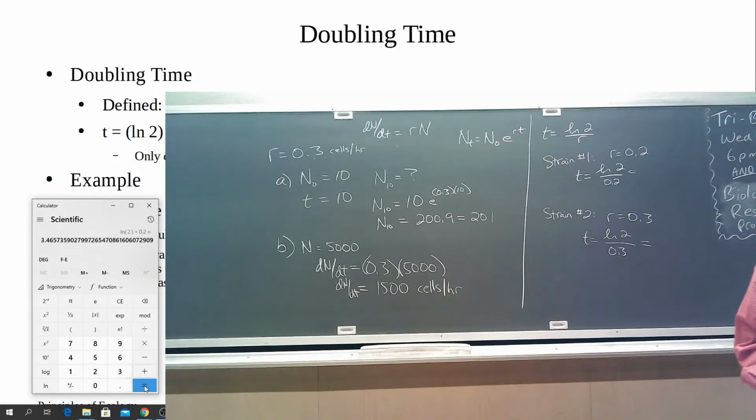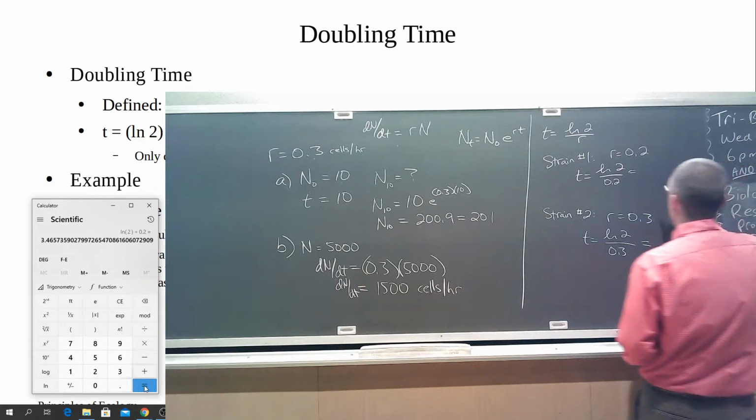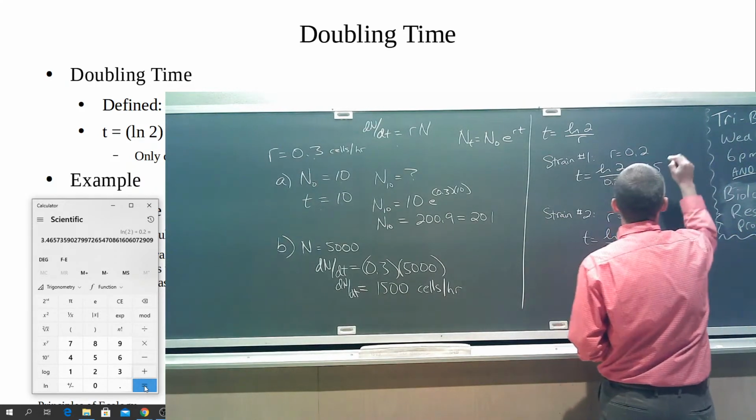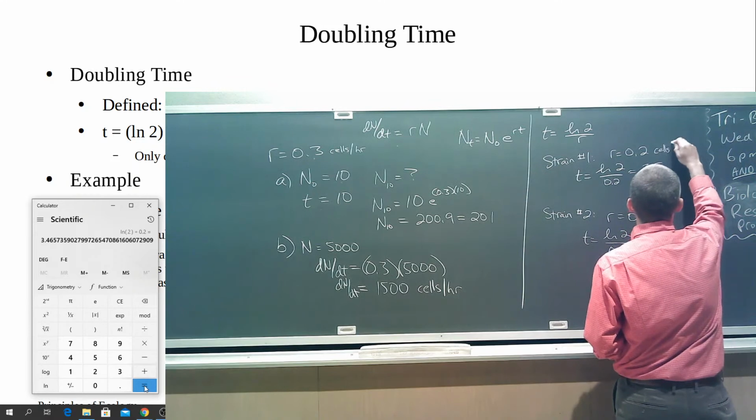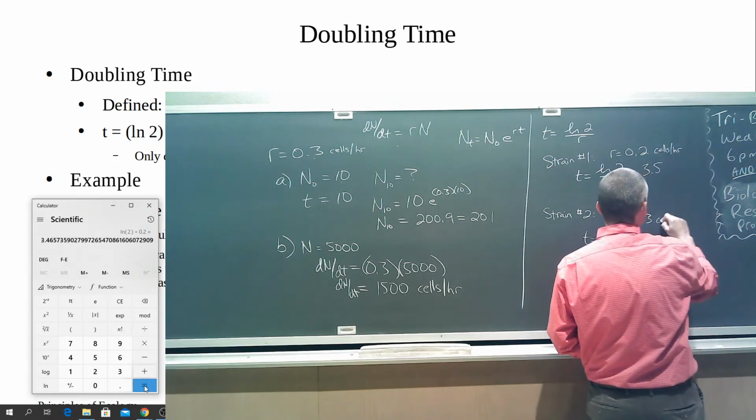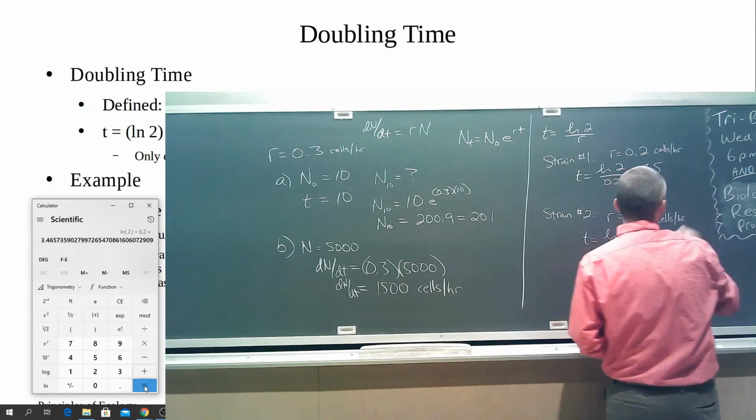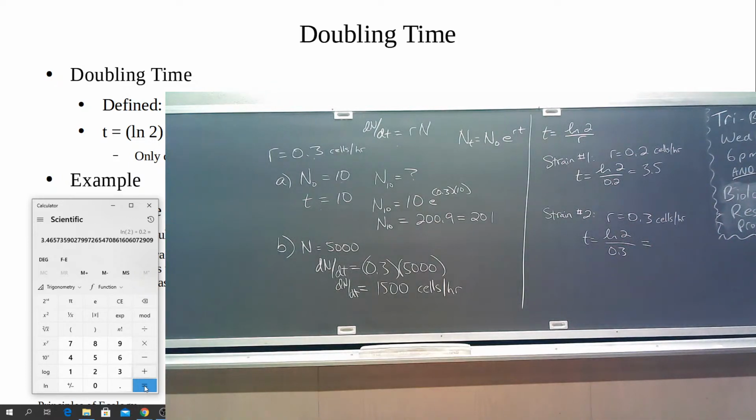And I get a doubling time of 3.466. We'll say 3.5. Let's say R is in cells per hour, so that means our doubling time is 3.5 hours.